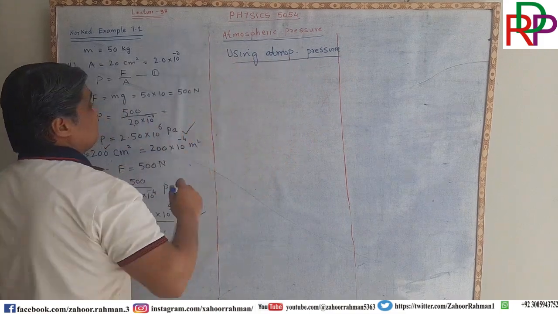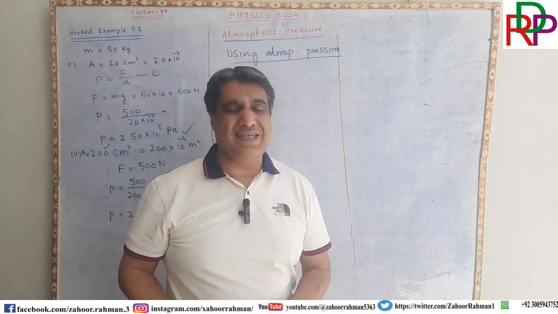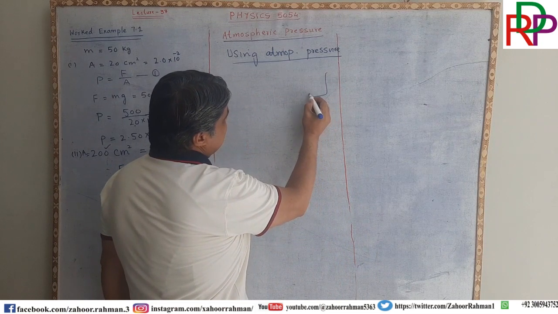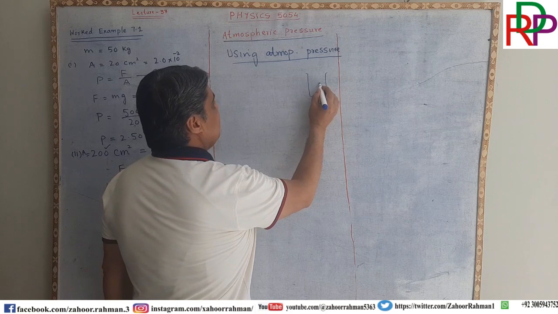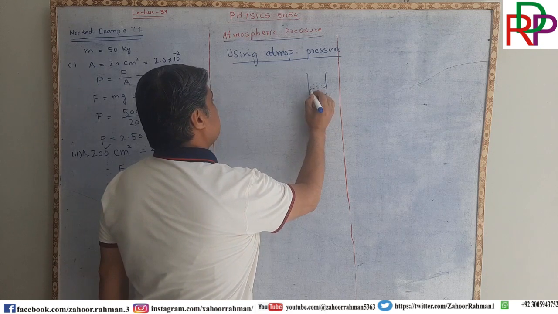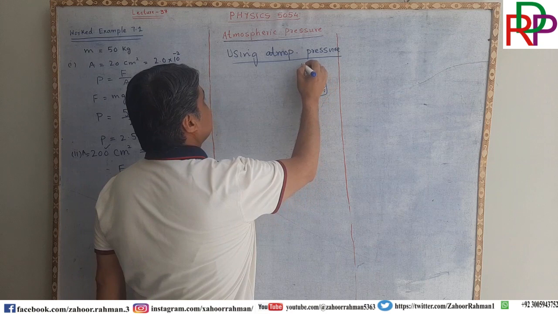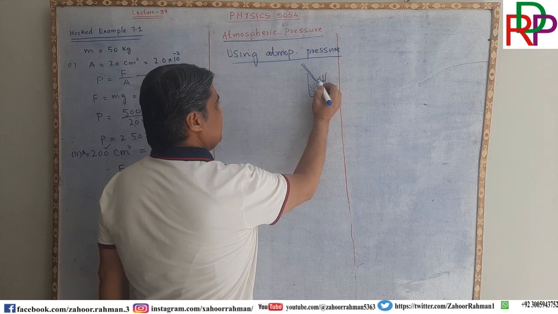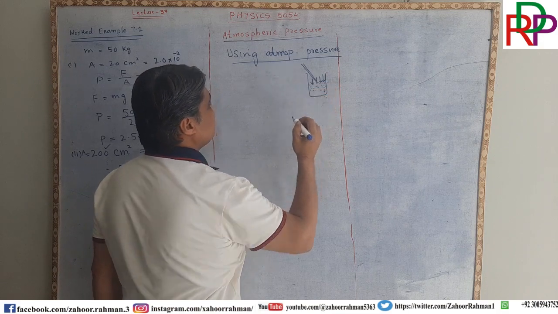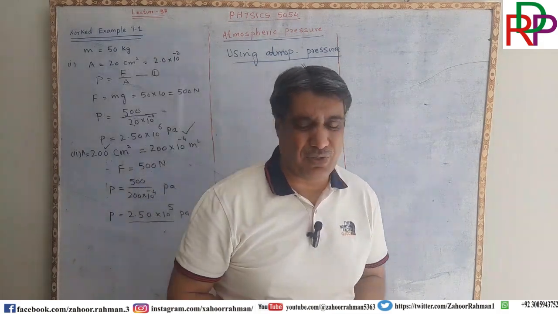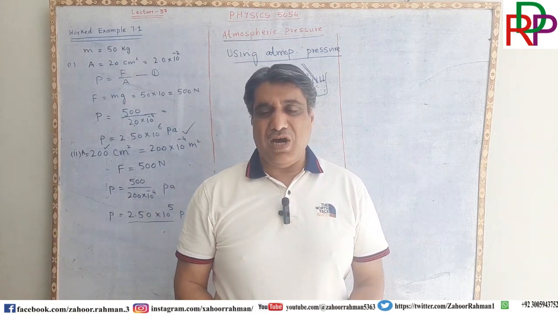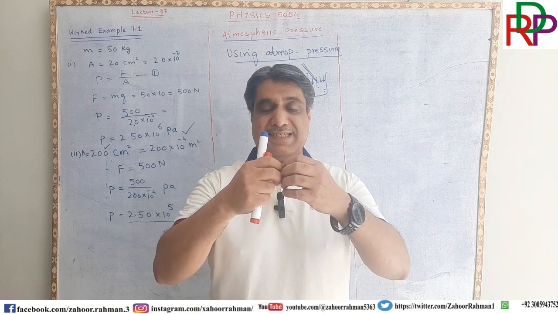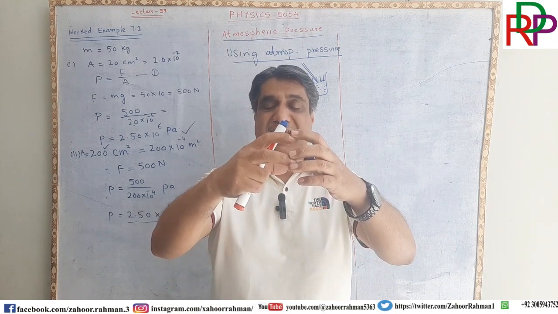Ladies and gentlemen, one phenomenon is that if somebody is taking juice through a straw, there is external pressure on the surface of the liquid. When you are taking the breath, the sacs inside the lungs are expanding.